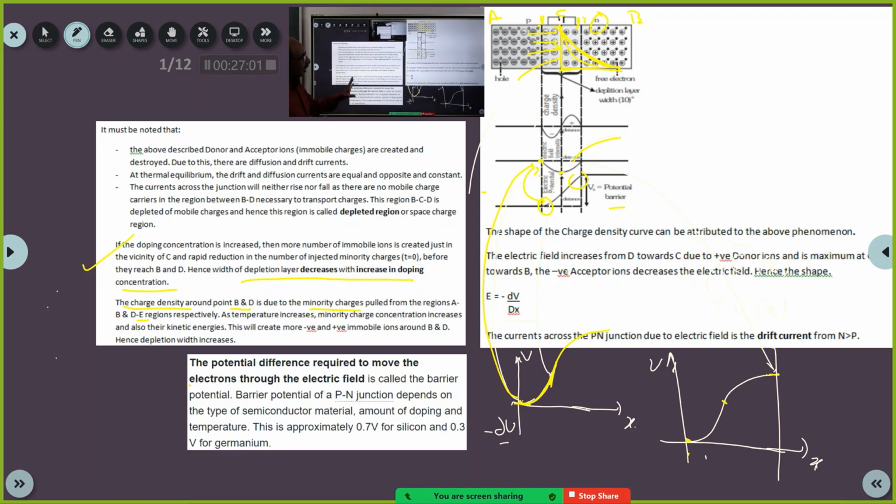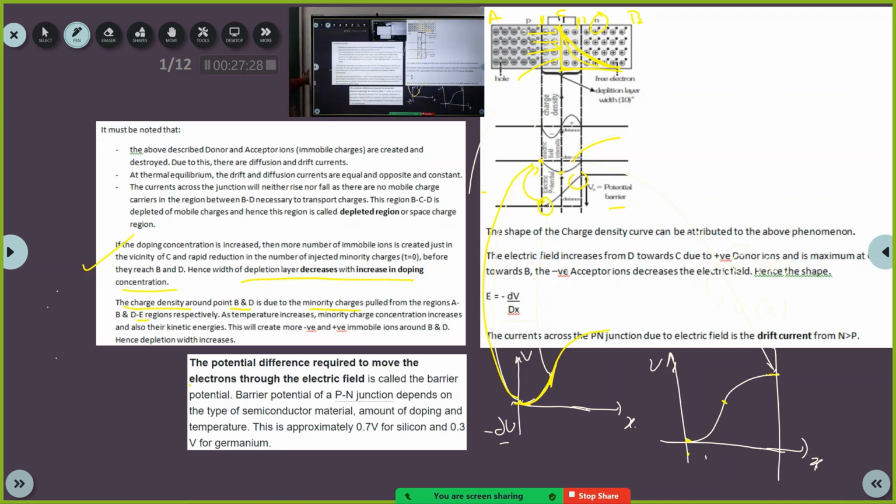Now these minority charges have increased. Of course, the majority charges will also increase, but I am just talking about the minority charges. If these minority charges have increased, then what is the consequence? Then the kinetic energy is also increased. So, why should the depletion layer increase?